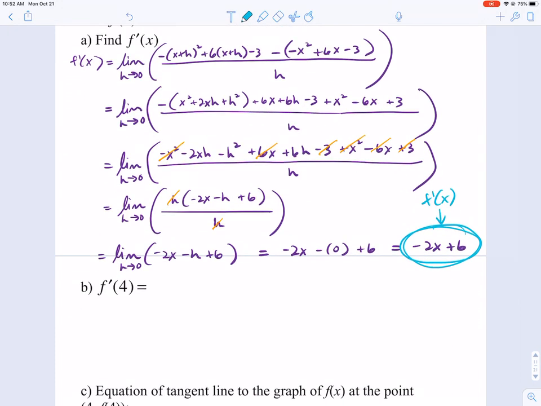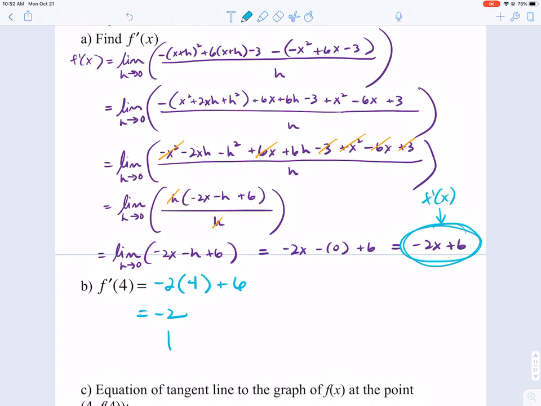All right, the second question here is what is f prime of 4? So that's just evaluating the derivative at 4. So we end up with negative 2. Well, negative 2 is going to be the slope of the tangent line at x equals 4 for this function, meaning it's the instantaneous rate of change at x equals 4.